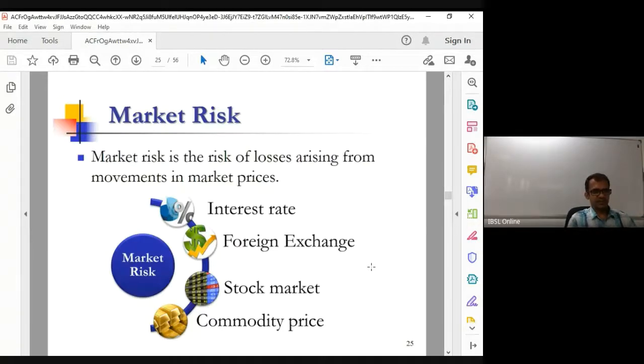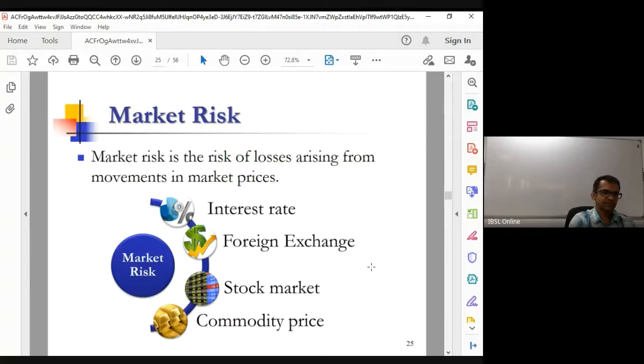As I explained earlier, market risk is the risk that a loss can arise from movements of market prices. When we say market prices, it can be the price of any asset or liability.